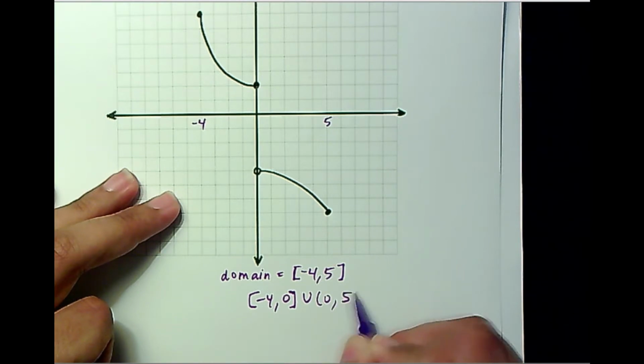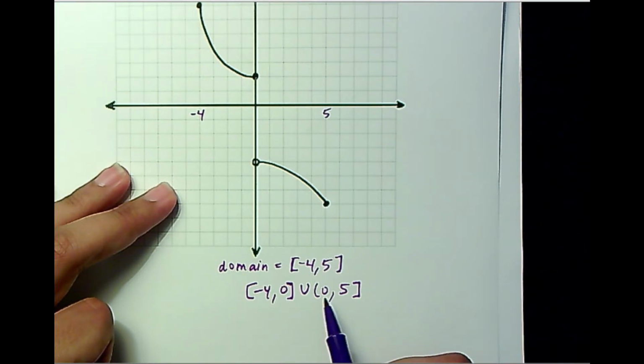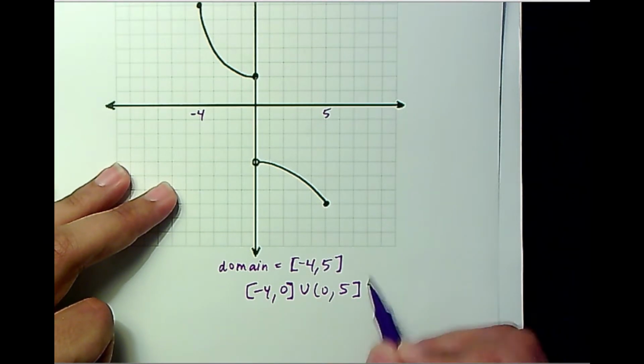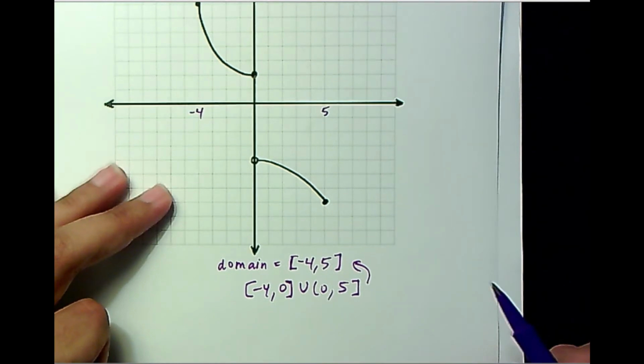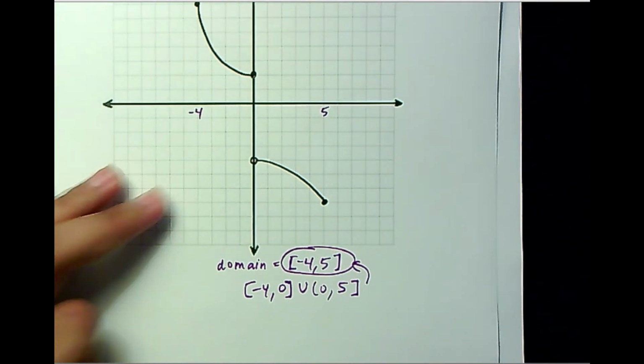But if you notice, this one says you need to include 0, and this one says don't include it, but you're doing the union, so you're putting them together. So you're including 0 from this side, which means 0 is included. So actually all numbers between -4 and 5 are included. That's why these two things are the same, and you use the most compact form. You just write that: a domain from -4 to 5.